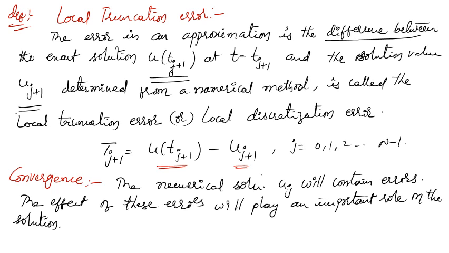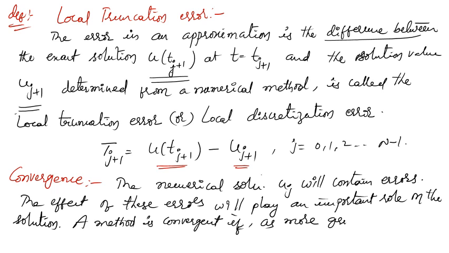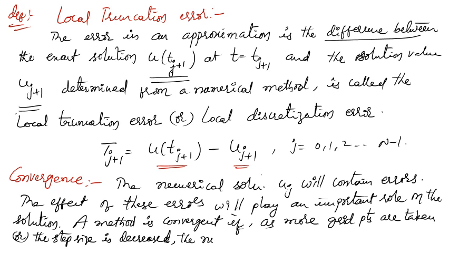A method is said to be convergent if, as more grid points are taken, that means the number of mesh points is more, or the step size h is decreased, the numerical solution converges to the exact solution in the absence of round off errors.